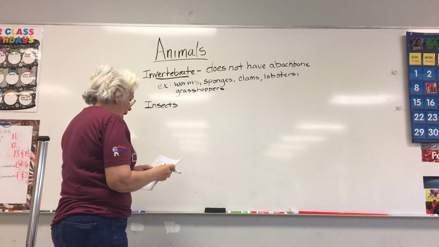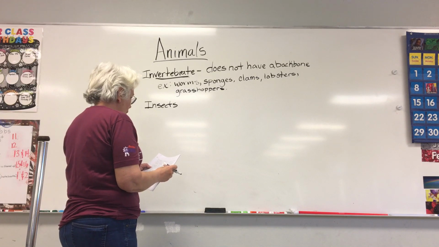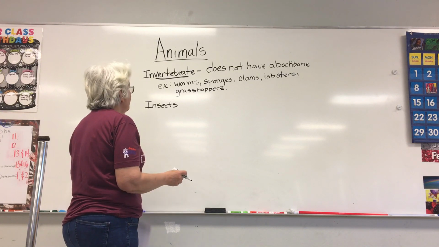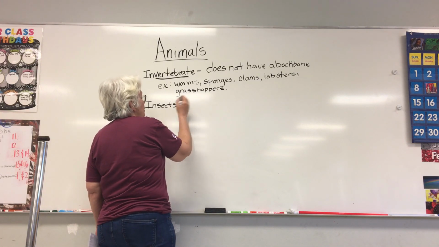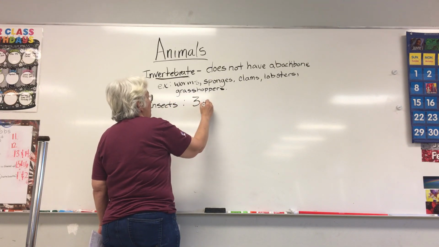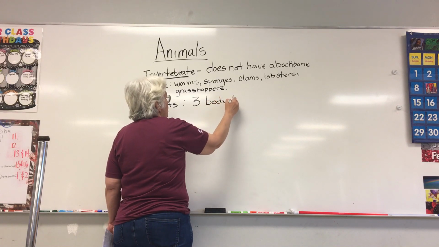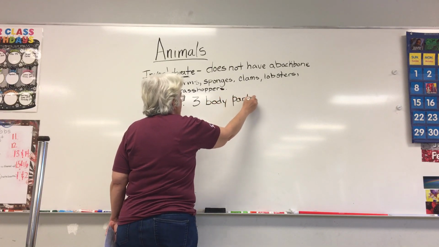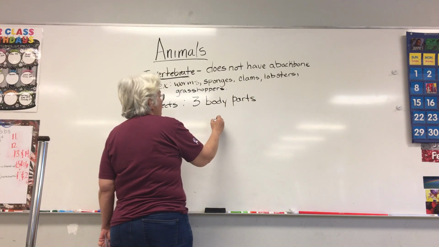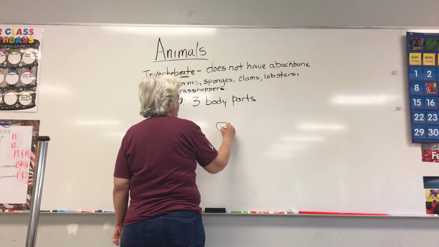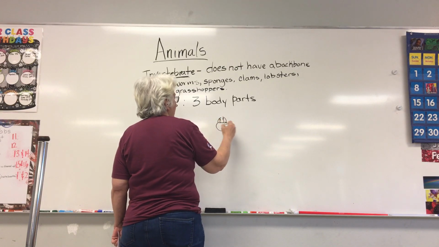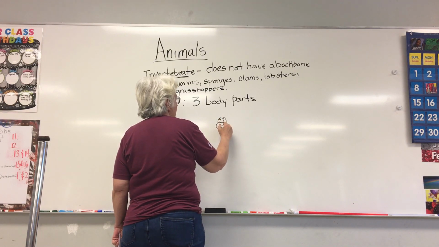It's a very diverse group of organisms, but many, like ants, have bodies that can be broken down into three parts. One of the things you need to have to be an insect is three body parts. If we look at an ant, the first thing we're going to draw is his head, and we'll put little eyeballs in here.